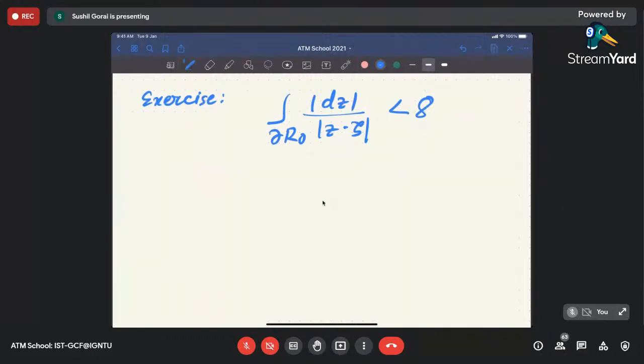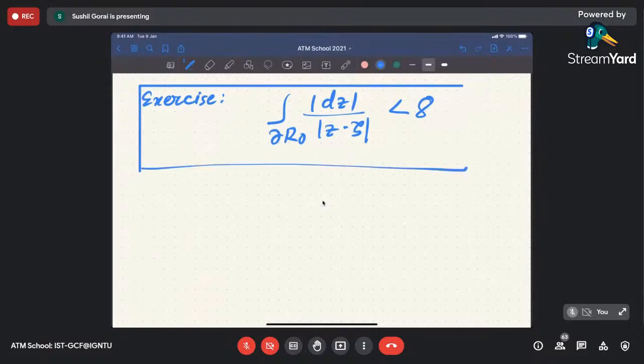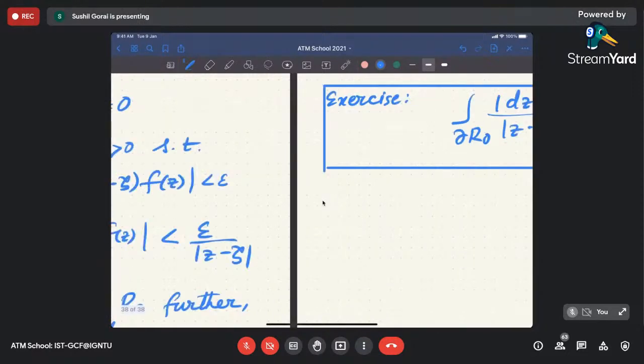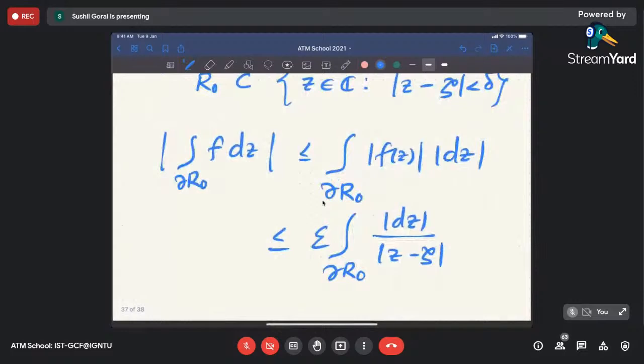So now continue the proof. From now on, this will be less than or equal to 8 epsilon.